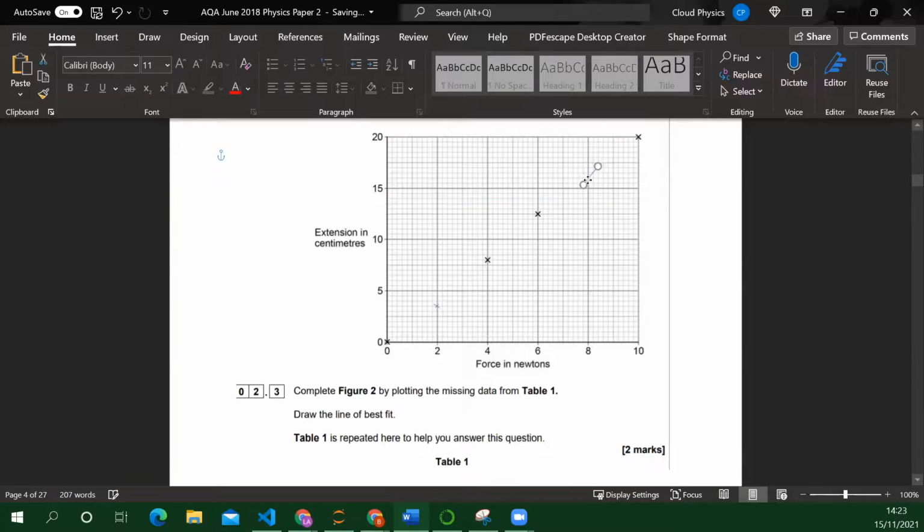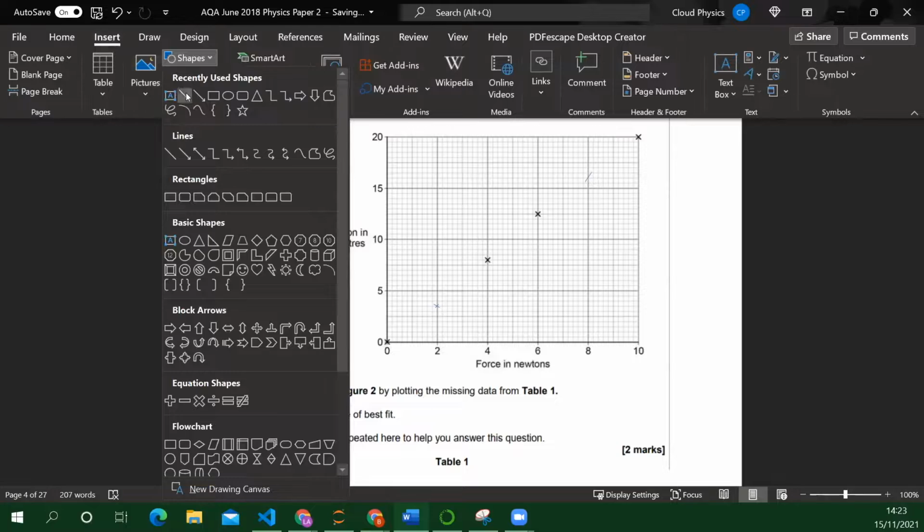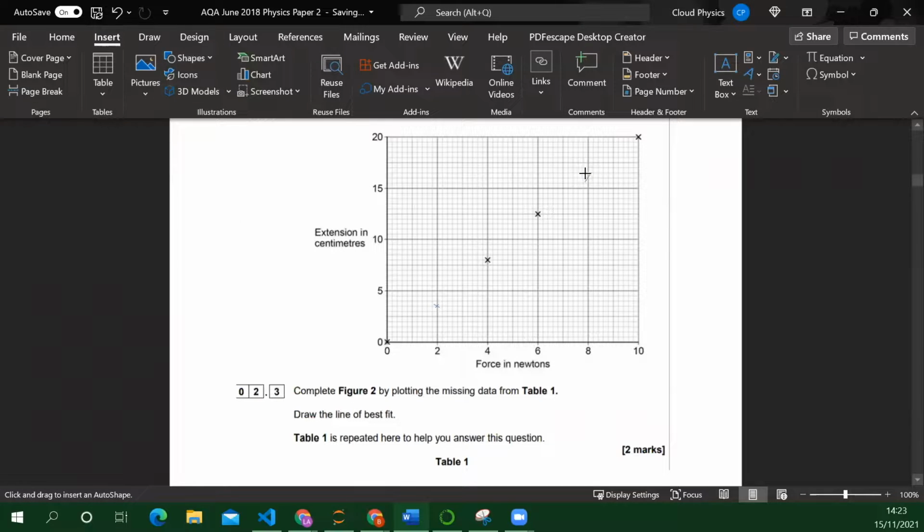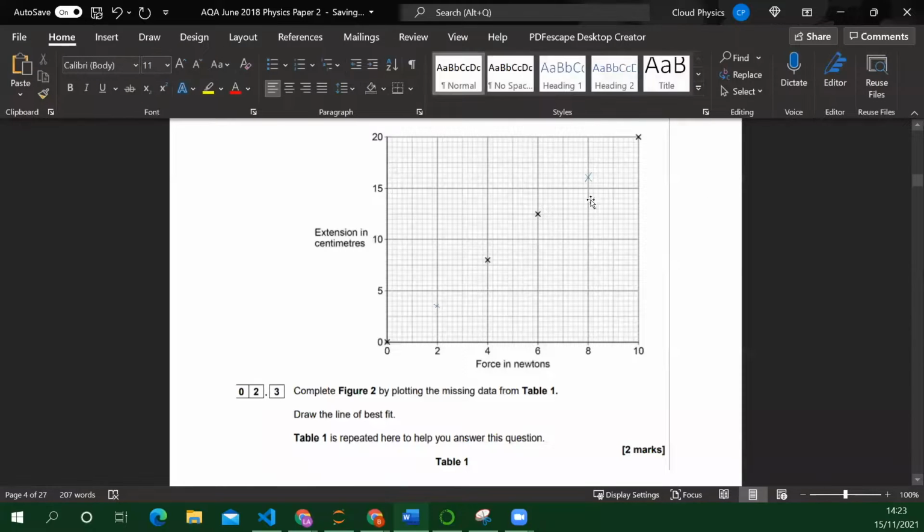Make it smaller when I get there. Okay, so it's going to be there. I'll draw the other line with shape. Cool. As long as I center on the X.